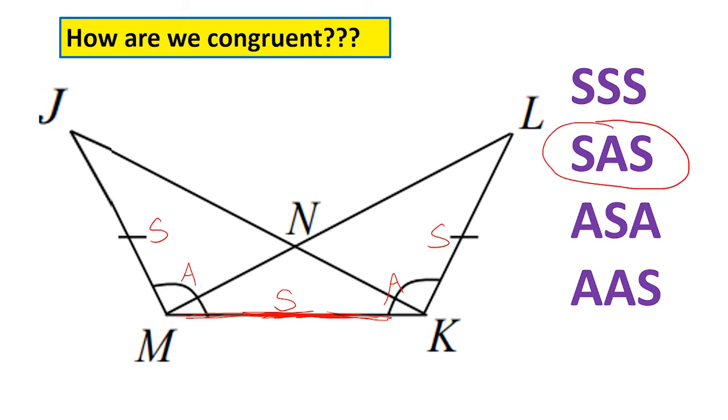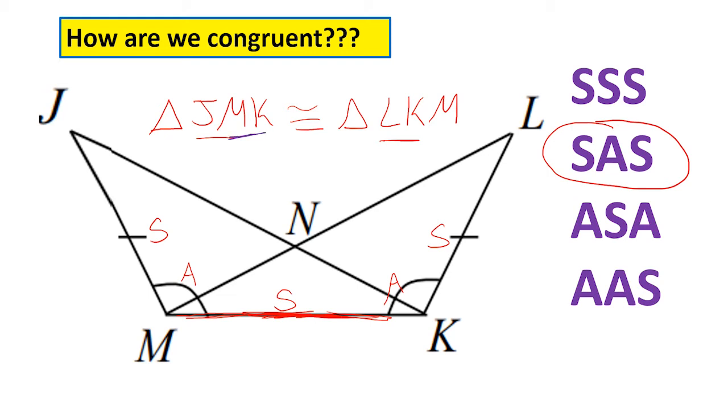So our congruency statement would be triangle JMK is congruent to triangle LKM. And if we notice here, side JM and LK are congruent. Side MK and KM are congruent because that's the side that they share.